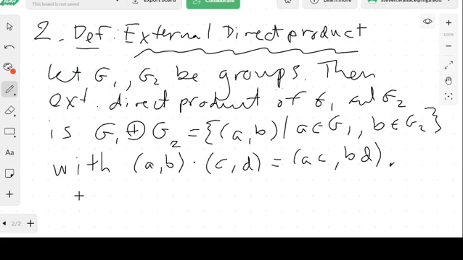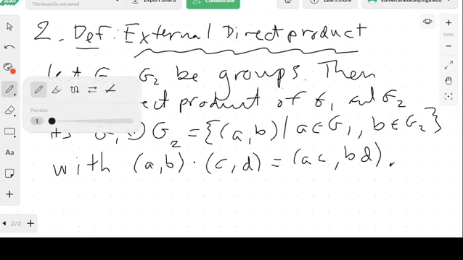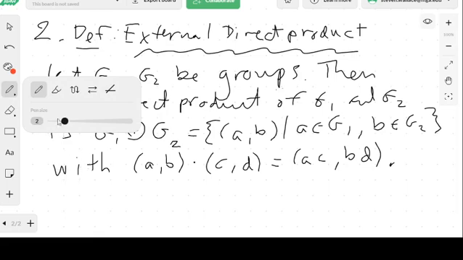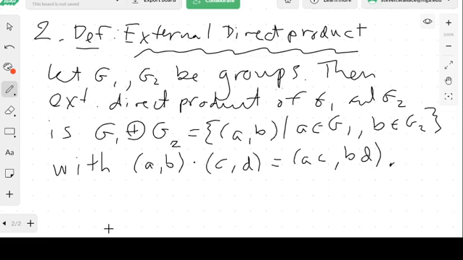Okay, so the first group axiom is: is the multiplication associative?